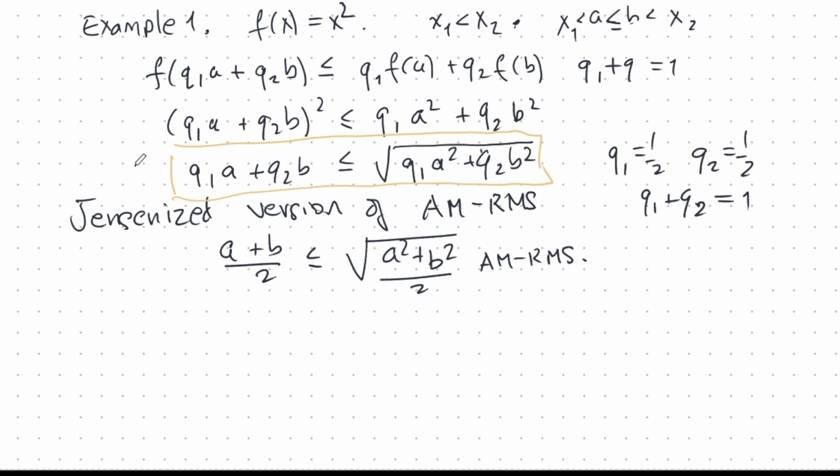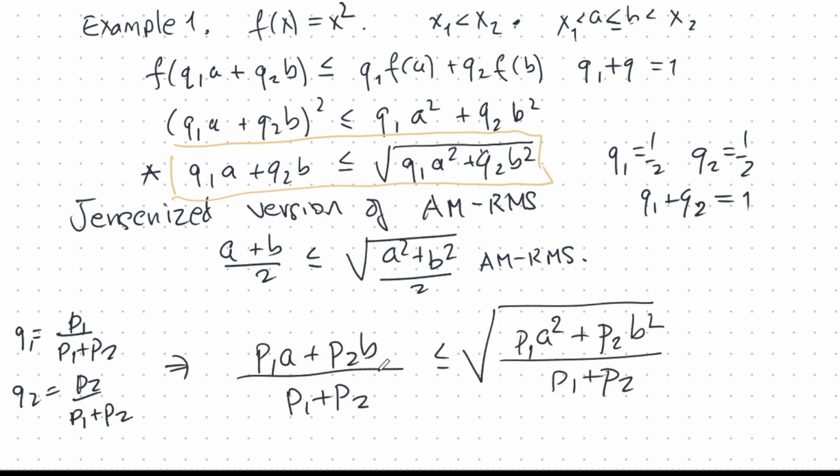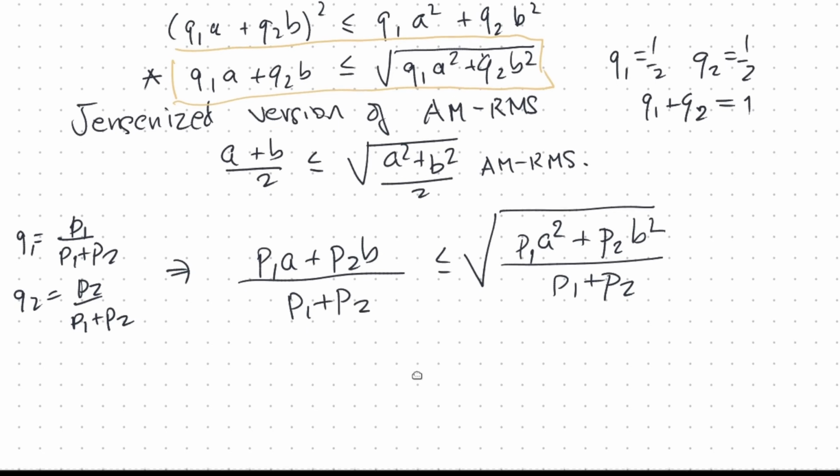But the Jensenized version is more powerful. We have weights that we can attach to A and B. It gives us a lot more flexibility. Look at the form of it when I put back Q1 is P1 over P1 plus P2, and Q2 is P2 over P1 plus P2. Now the form is more recognizable.